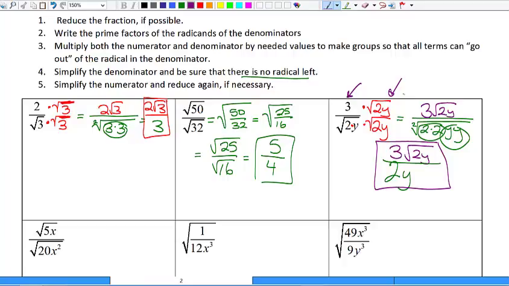Well, no, you either both have to be inside the house and then you can multiply and talk to each other, or if you're both on the outside, well then you could talk to each other, or in this case multiply. So the fact that you can't means you're just going to write them together. Now 2 and 3y, which are both outside the radical, right? If that could reduce, then you would reduce, but it can't, so I am done.